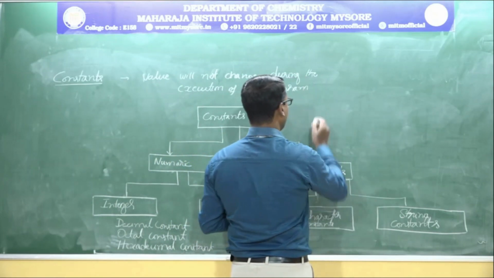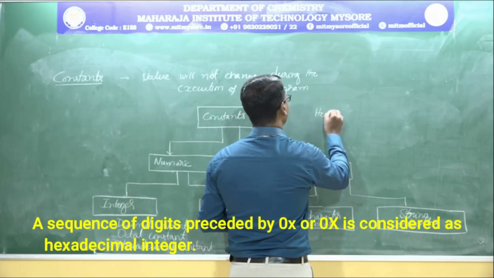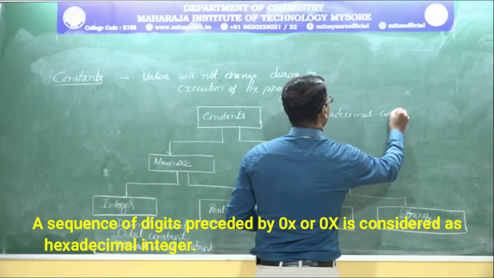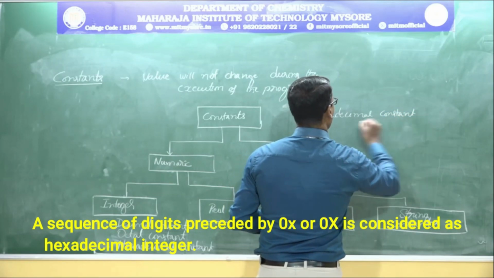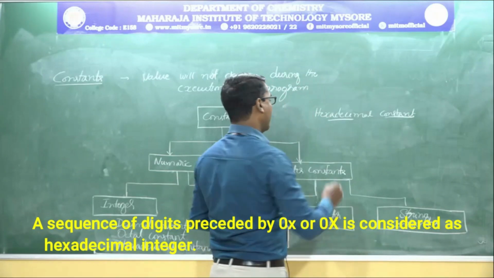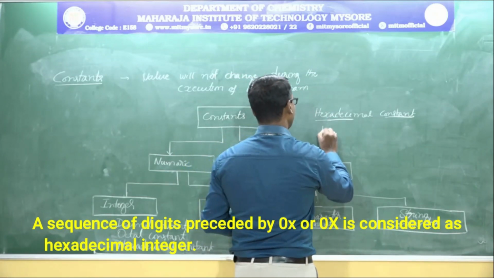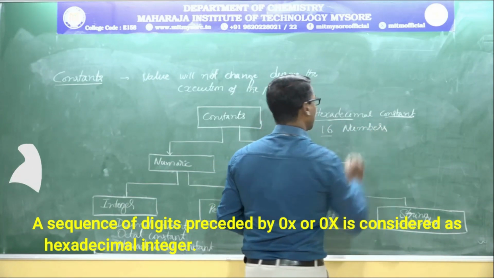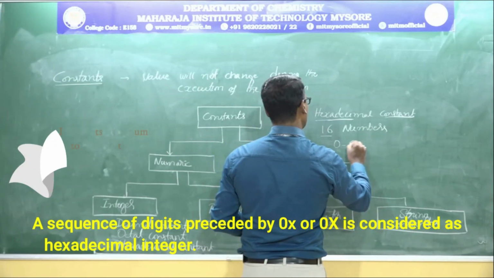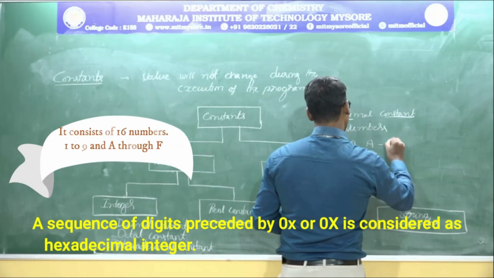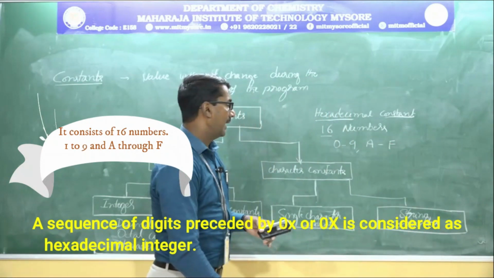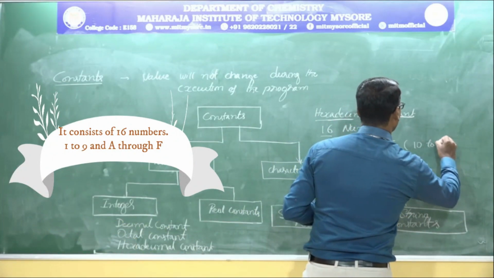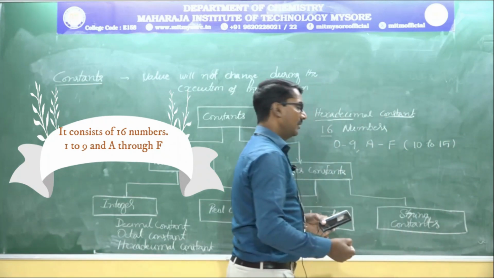The next constant is the hexadecimal constant. The hexadecimal constant consists of 16 symbols, that is 0 to 9 and A to F. A to F means 10 to 15.